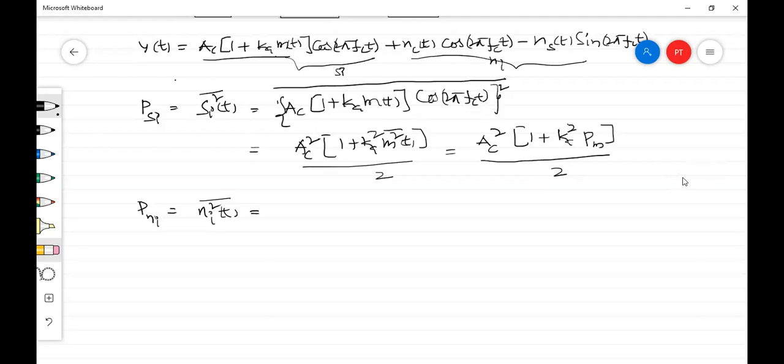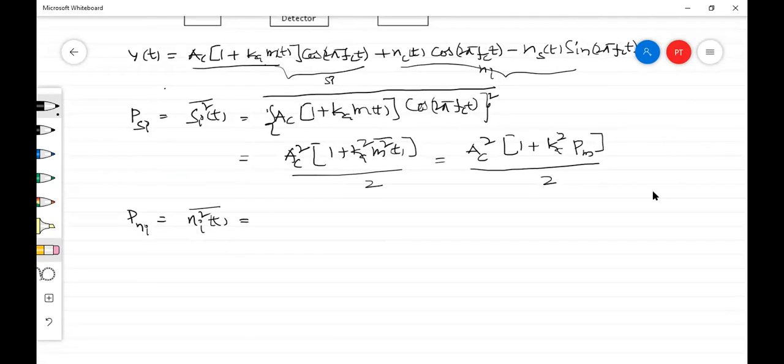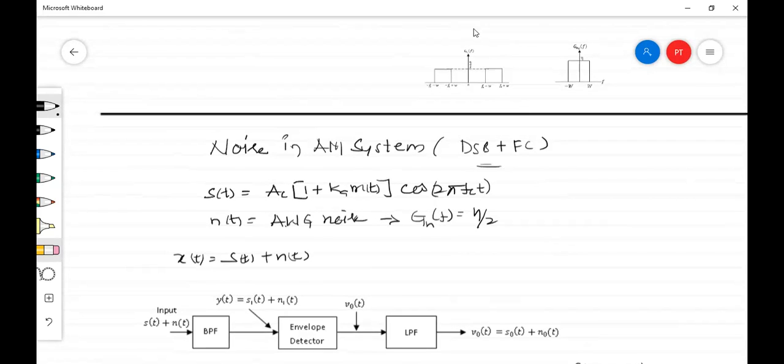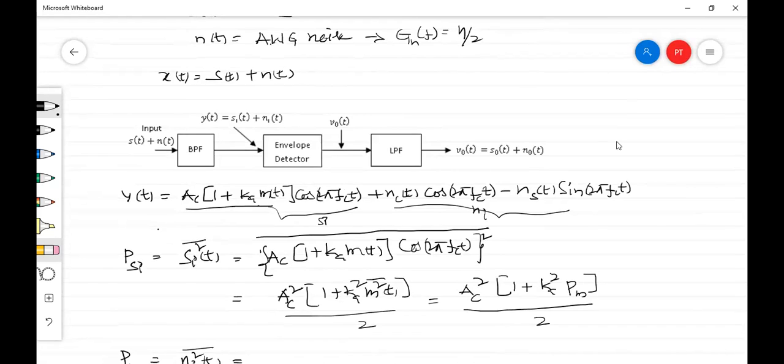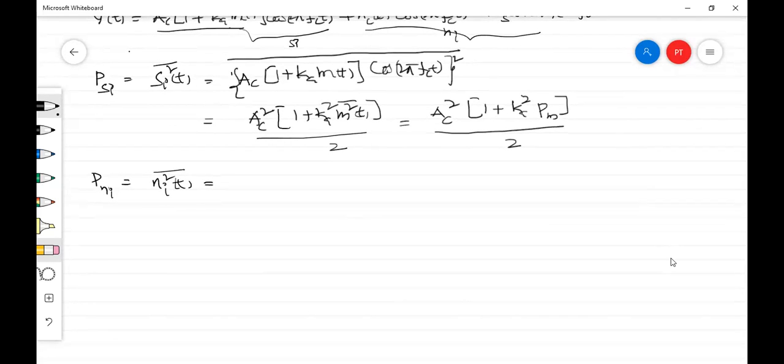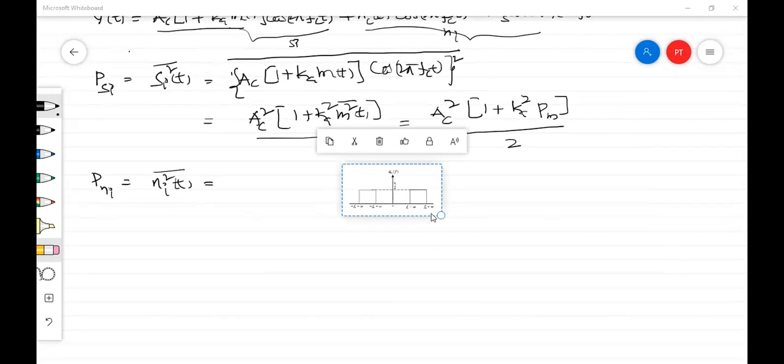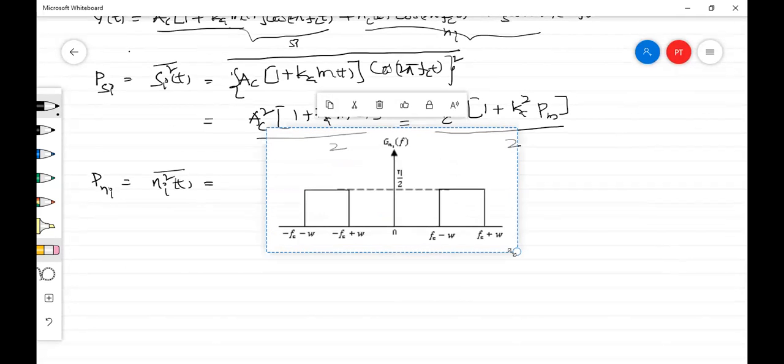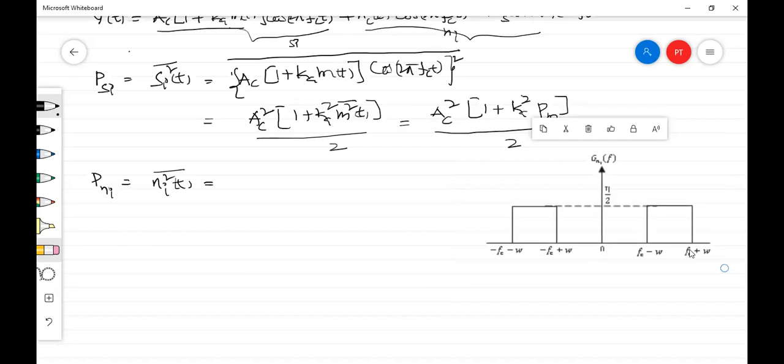Input noise is a band pass noise. I'll show you the band pass noise. Here the band pass noise has the same bandwidth as that of the signal. So this is band pass noise.